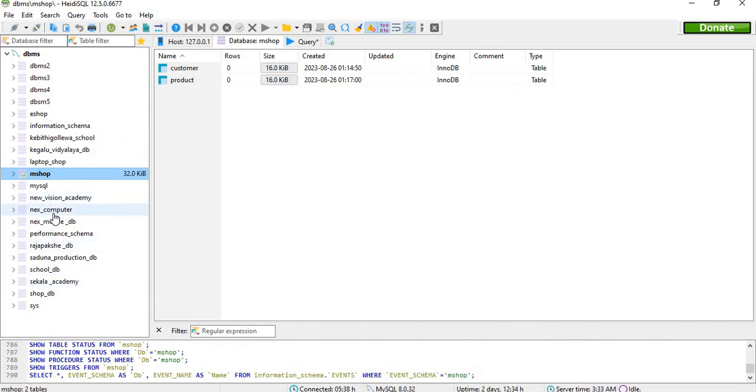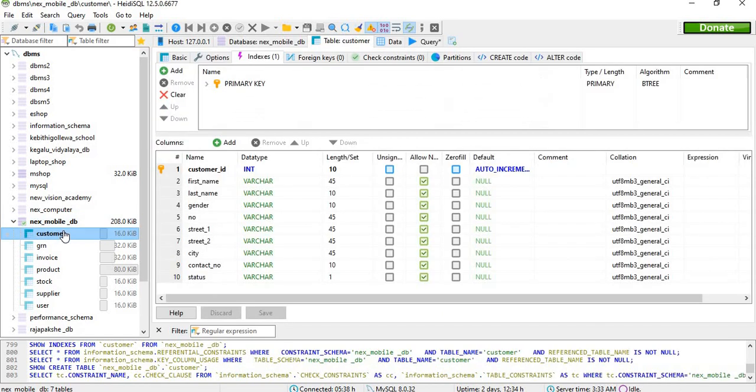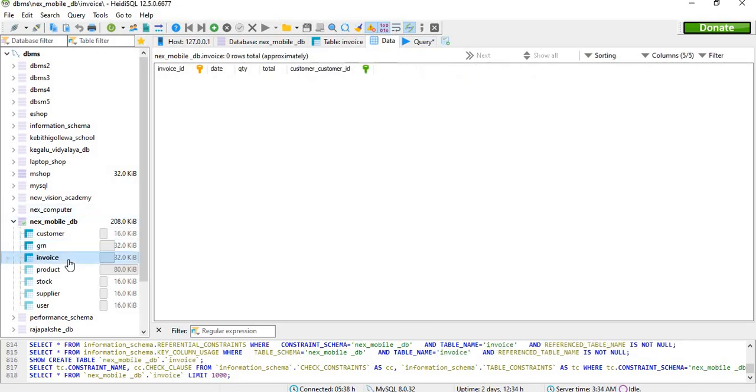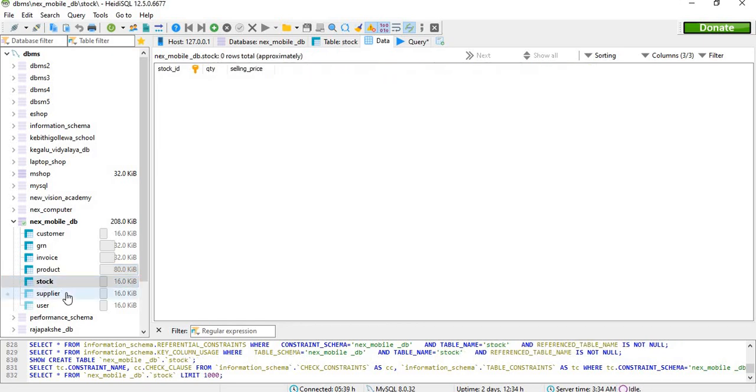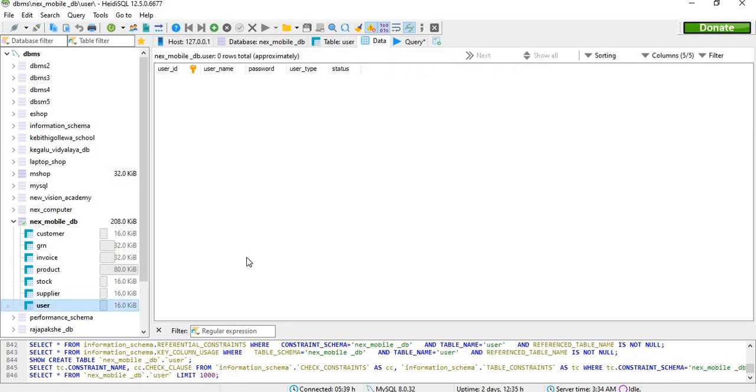Refresh. Here, next mobile DB. If we see the customer table, here customer ID, and if you see the good receive note table, invoice table, product table, stock table, supplier table, and the user table.